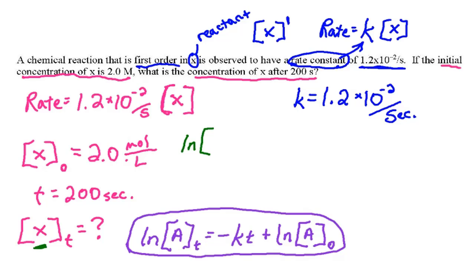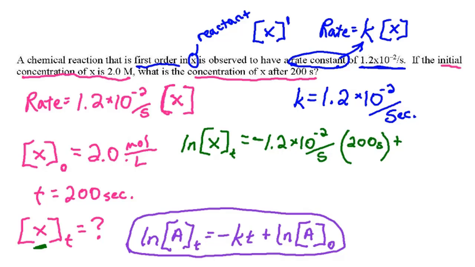We're talking about X at the end of the time, and that's what we need to figure out, equals negative K, and K equals 1.2 times 10 to the negative 2 per second, times the time it took, which is 200 seconds, plus the natural log of the original concentration of X, which is 2 molarity.